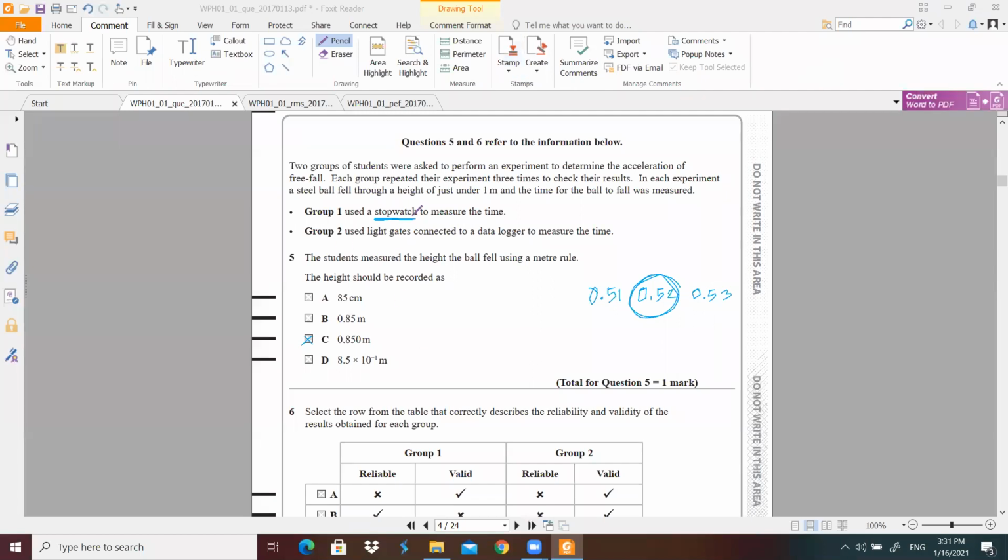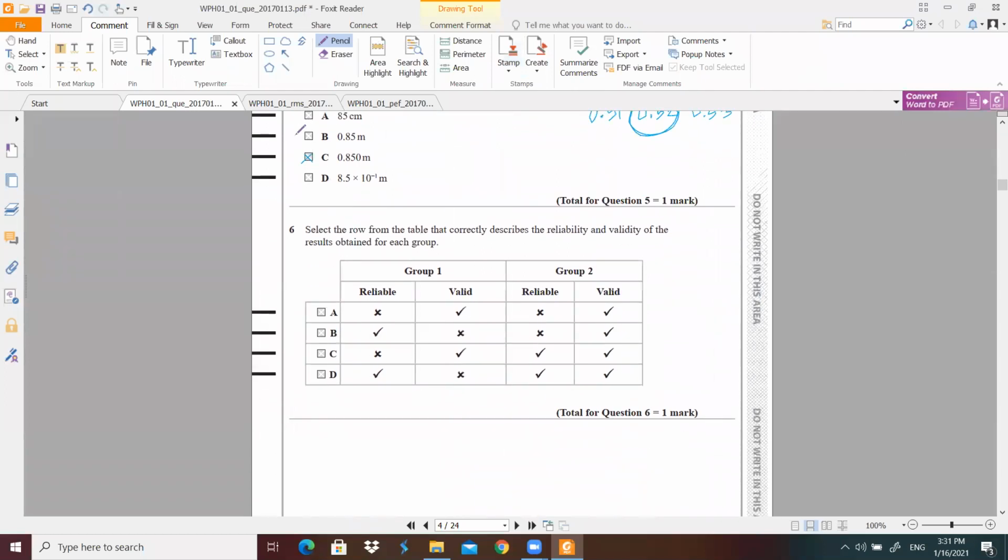If you are performing the experiment in the correct method, using a stopwatch will give you a valid result, but it won't give you a reliable result because the values will keep on varying. So group 1 is not the most reliable result, but it can be valid.